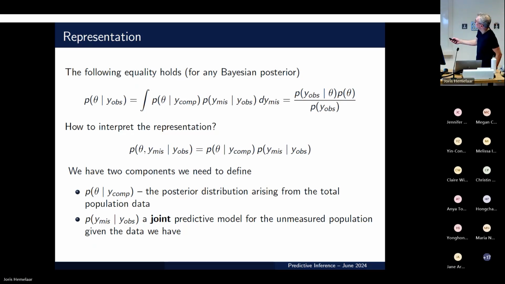Okay. Well, if I'm going to use this object in order to do inference, we've got two components. The first is the posterior distribution arising if I had all the data. And the second thing is a predictive model for the unmeasured data. So that's given the data that you've got, can you predict the data that you don't have?